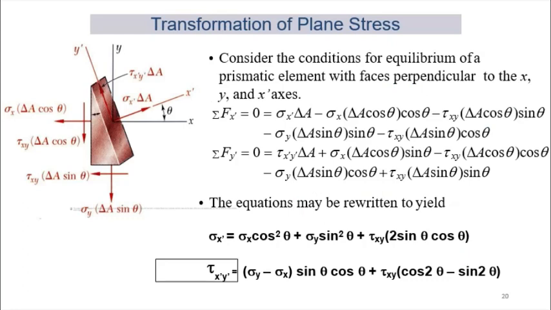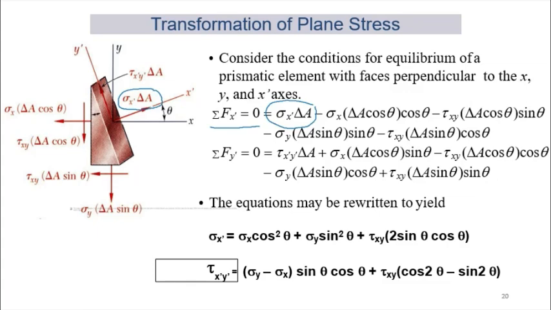Okay, so we are going to do equilibrium of forces. So summation of forces in x prime is equal to 0. So first we have sigma x prime times delta A, this force here, right? Then this is in the opposite direction, the component of this force. Now this force is in the negative x direction.